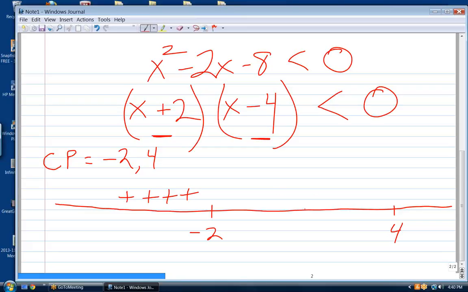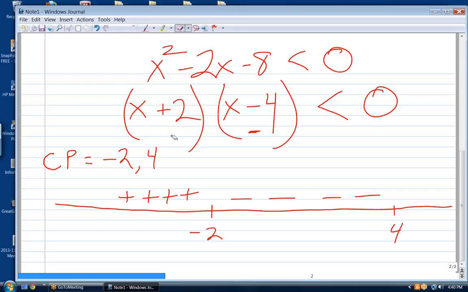Okay. Now let's check points between minus 2 and 4. The easiest one to do is always 0. So 0 would result in a positive there, a negative there. Positive times negative is negative, so all of these are negative. Okay.